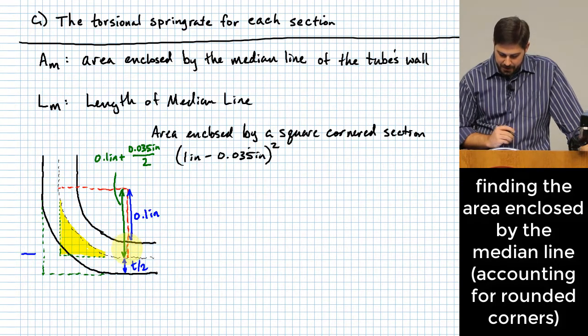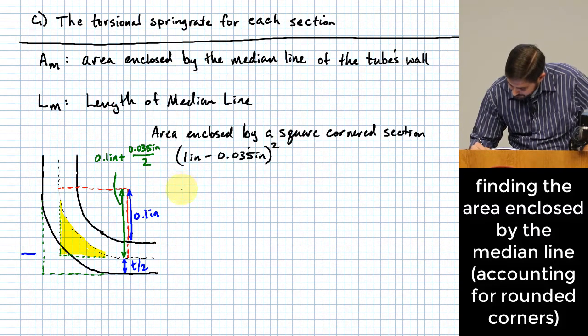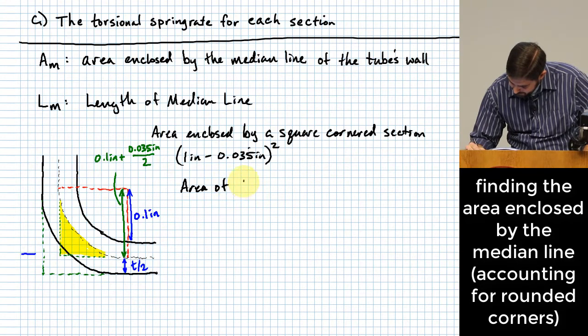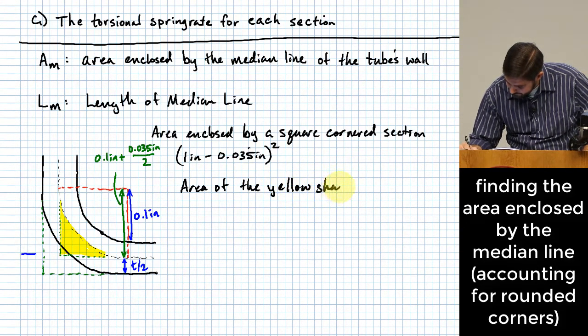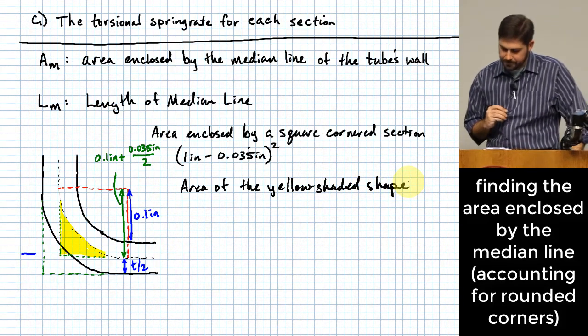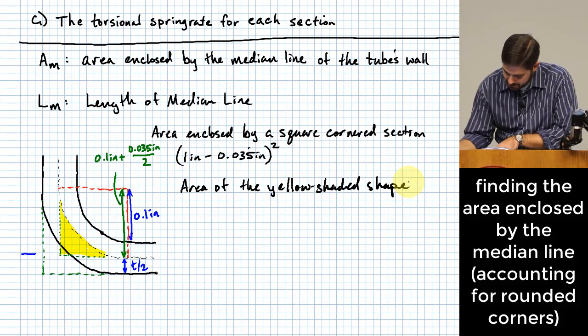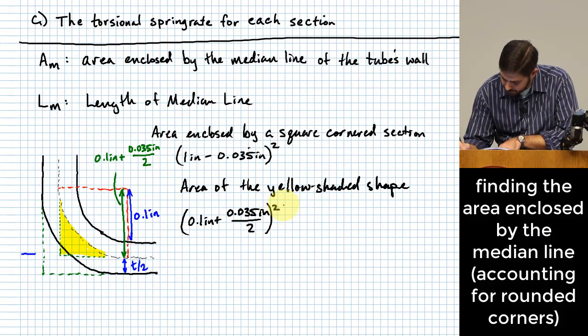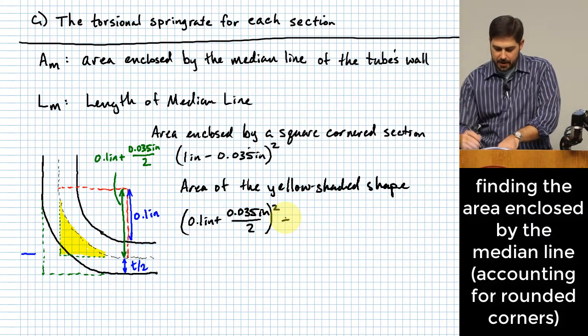Okay, so let's figure that out. So here I'll say the area of the yellow shaded shape is going to be equal to 0.1 inch plus 0.035 inches over 2, squared, minus, what's the area of the quarter circle?